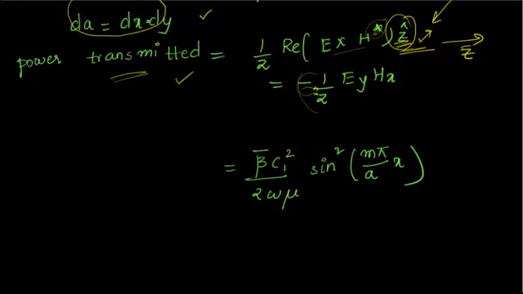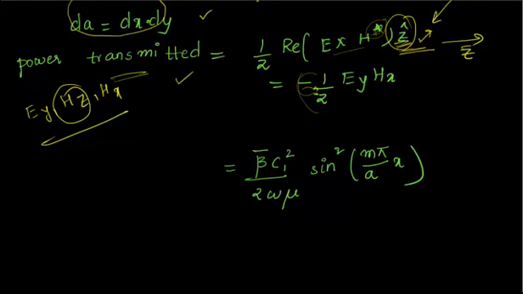Because I have EY, HZ, HX as my components, and I have used HZ to derive the power lost, take that off. Now you have the EY and HX components. Now you know the notation X, Y, Z. When you multiply X into Y, you get a positive direction, that is a plus sign.